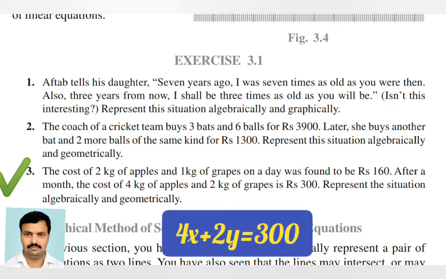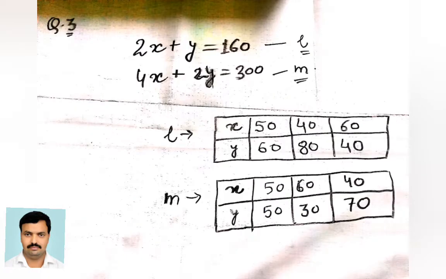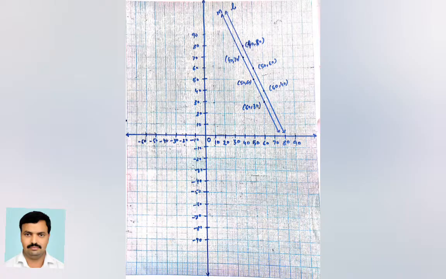So the equation will be 4x plus 2y equals 300. So our equations are 2x plus y equals 160, name it L, and 4x plus 2y equals 300, name it M. And these are the solution tables for them. Same as the first question, you can represent them on the graph. And this is the graphical solution of the pair of linear equations.